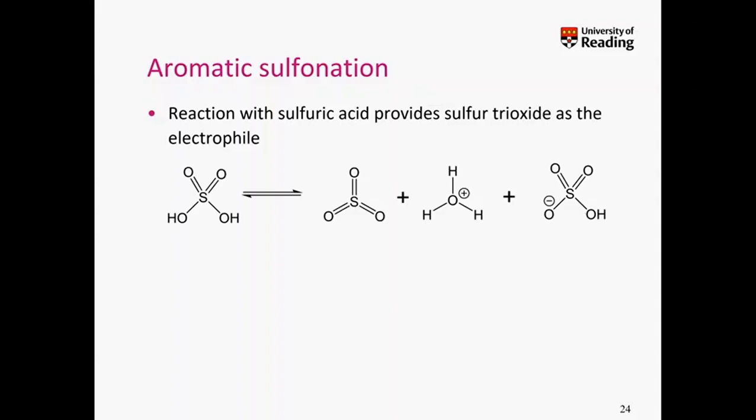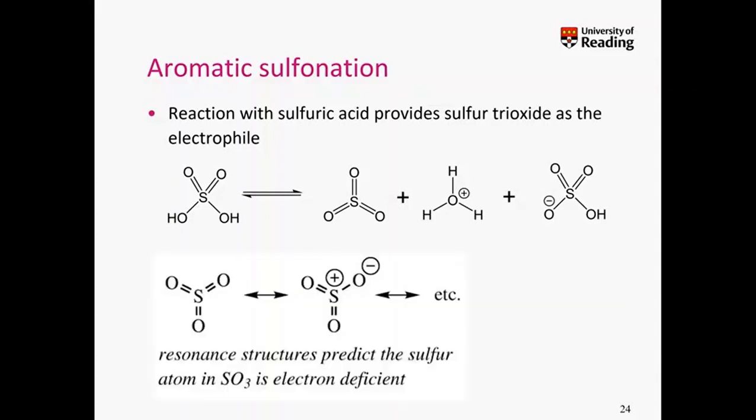This, again, I'm not too worried. That's why I'm not going through it in detail. All I want you to realise is that if, again, you see sulfuric acid, within sulfuric acid you have sulfur trioxide. So that is the structure down at the bottom here. Okay. So you've got this.